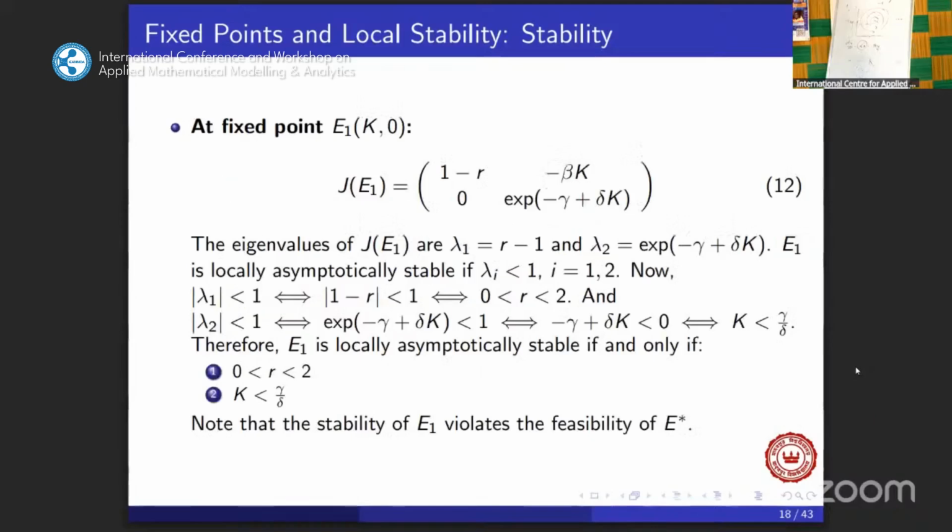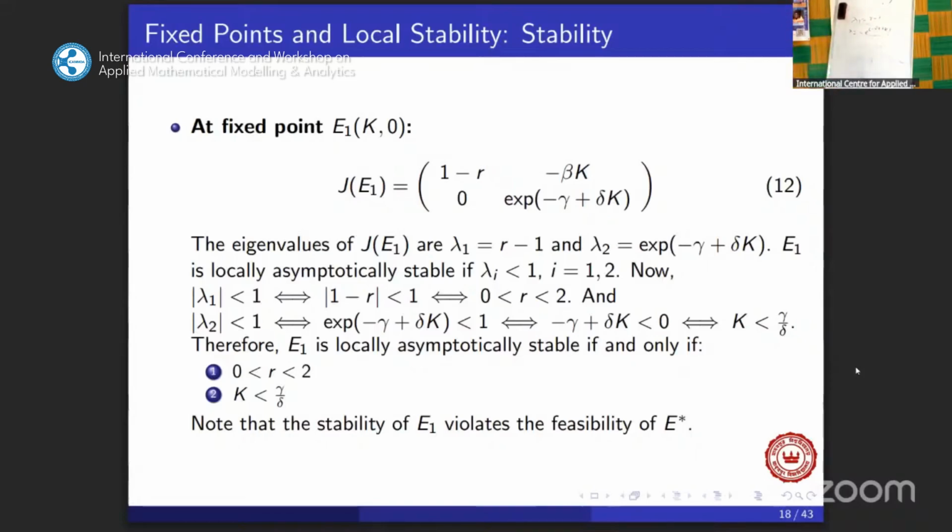Now at E1 (K, 0), we find the eigenvalues: lambda 1 equals r minus 1 and lambda 2 equals e to the power of minus gamma plus delta K.